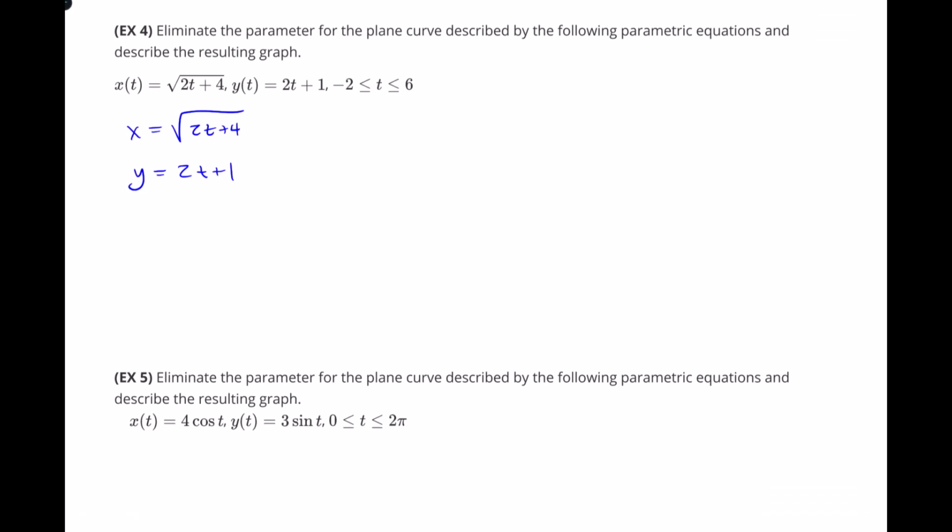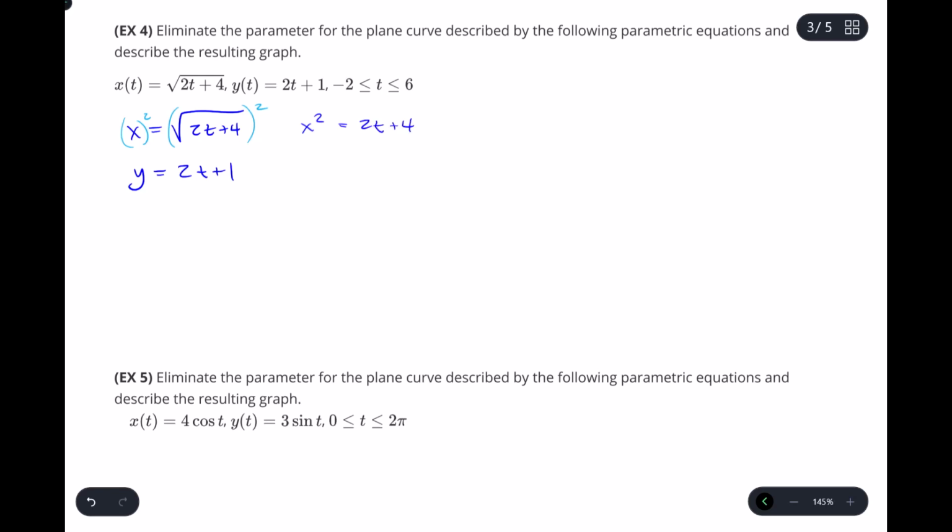Process is the same. I think I will maybe this time solve the top equation for t. So what I would do is first square both sides of this equation, and that's going to give me x squared equals 2t plus 4. If I subtract 4 from both sides, I would have x squared minus 4 equals 2t, or t equals x squared minus 4 divided by 2.